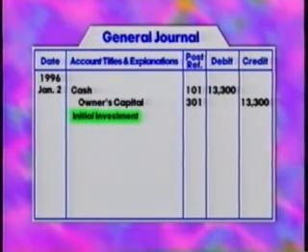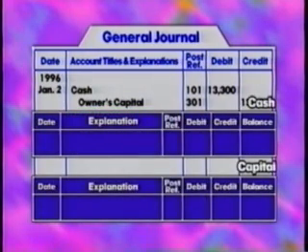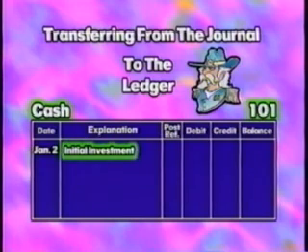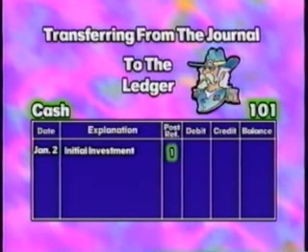First, transaction number 1, which is his original cash investment of $13,300. The two accounts on the ledger involved in this journal entry are cash and capital. In the cash account in the ledger, the item in explanation is transferred from the journal. Then, the posting number, or account number, is placed in its column.